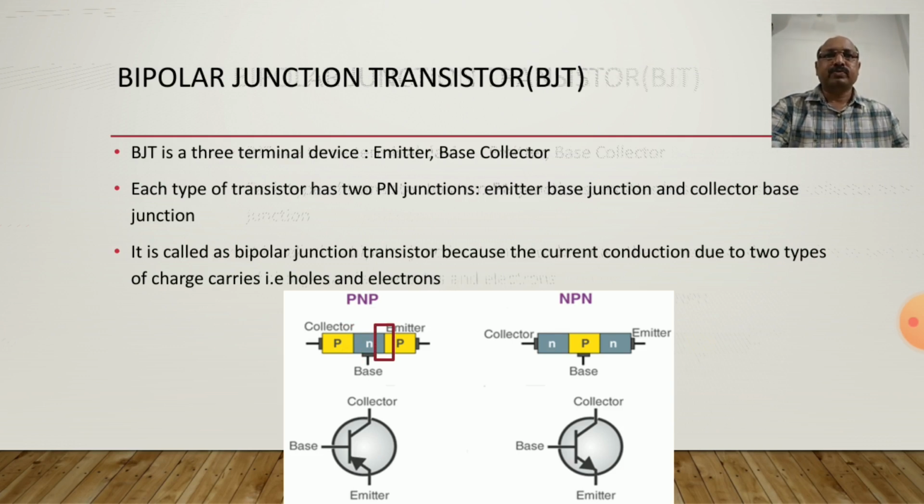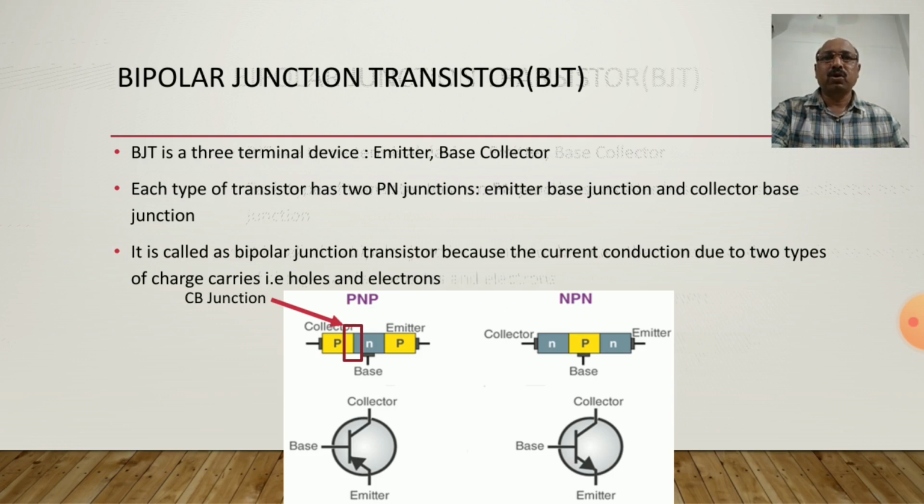Now the junction between emitter and base is called the emitter base junction, or shortly EB junction. In the same way, the junction between collector and base is called the collector base junction, or shortly CB junction.